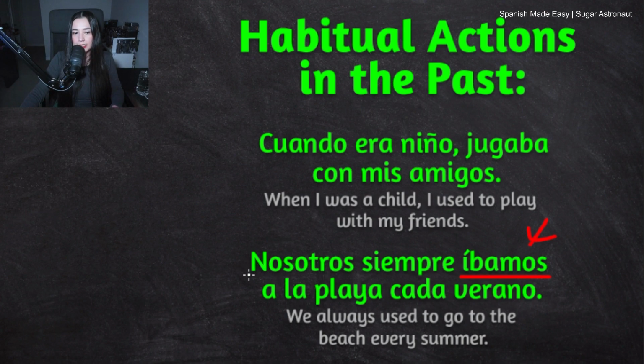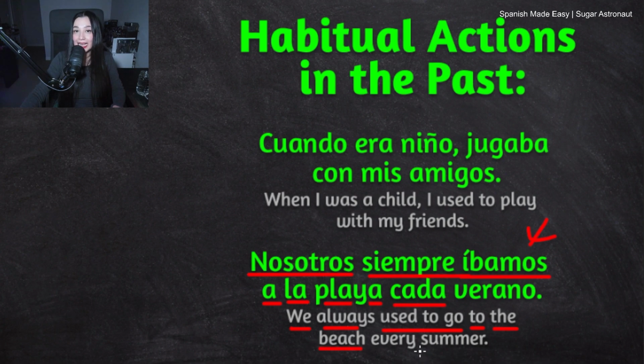So let's break the whole thing down. Nosotros siempre, well, nosotros means we. Siempre means always. Íbamos, used to go. A, to, la, the, playa. Playa means beach.